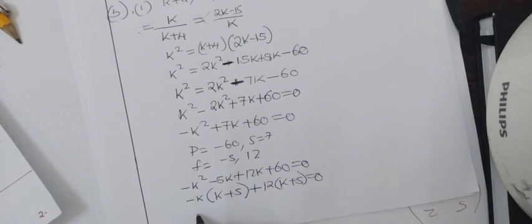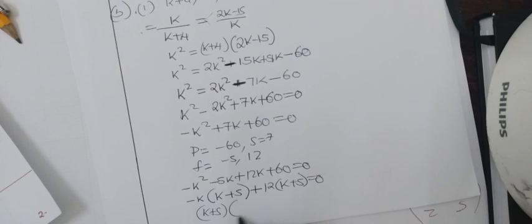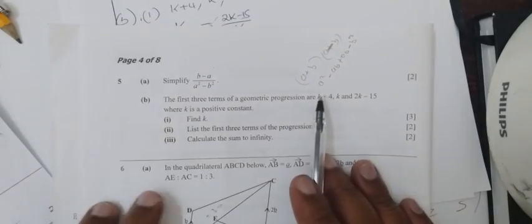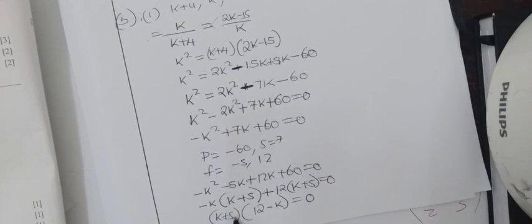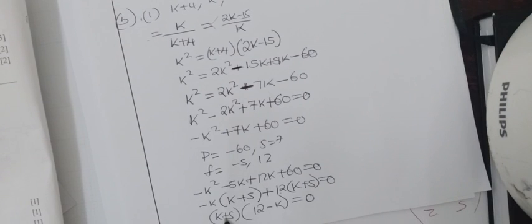Alright? So here you have k plus 5. Then here is 12 minus k, is equal to 0. Now here we've been told that this k must be what? Positive. So when you look at this one, if you say k plus 5 is equal to 0, then k will be negative.